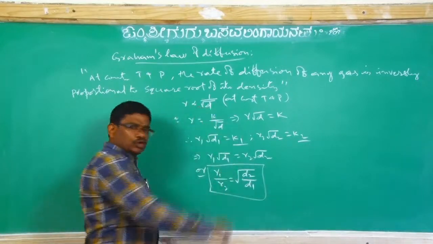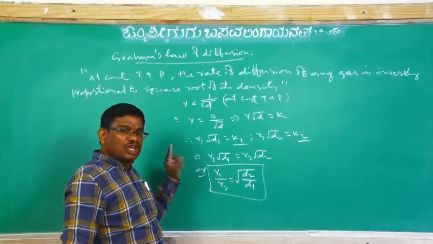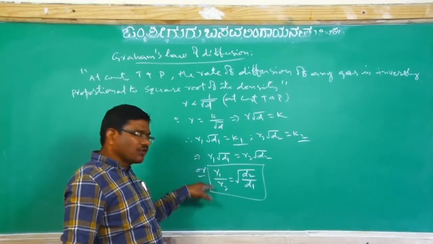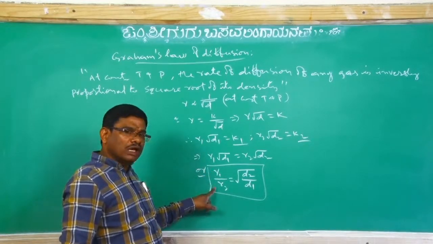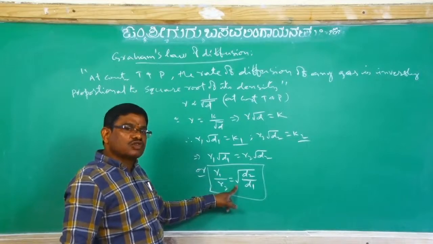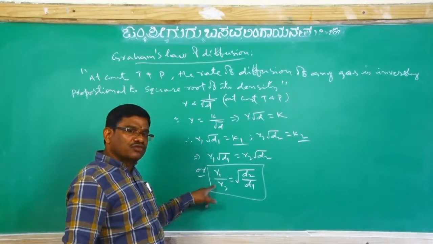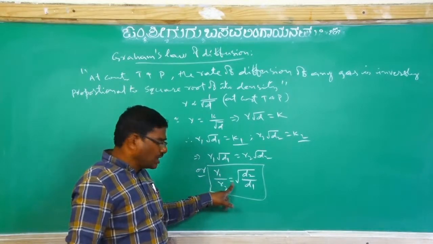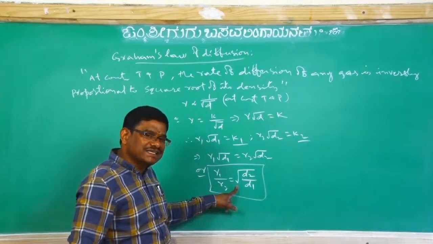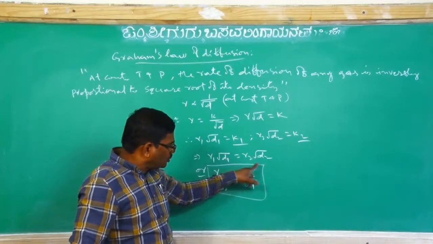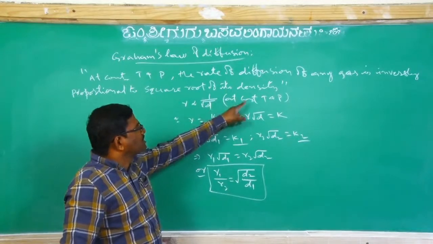This is for two gases Graham's law of diffusion. For two gases Graham's law of diffusion क्या है? The ratio of rates of diffusion of any two gases is equal to the square root of the ratio of their inverse densities, at constant temperature and pressure.